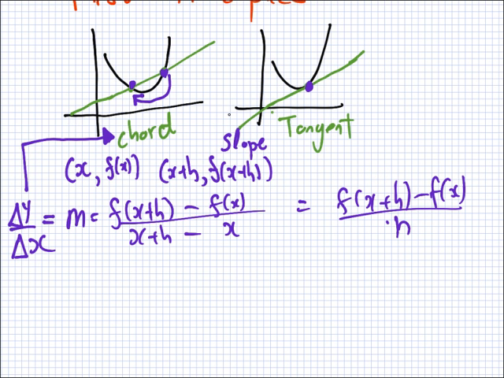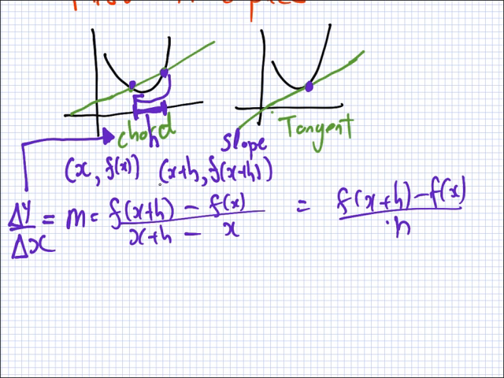Well, it would be the value of h. The h would become 0. Because what's the distance between these points right now, according to my points here? It's h, isn't it? Because this is x and this is x plus h. So the distance here is h.